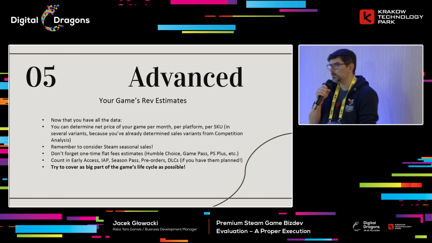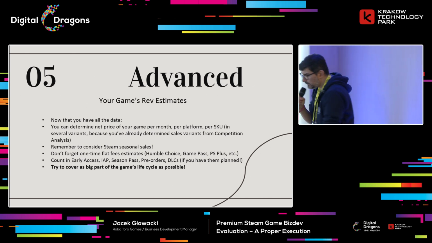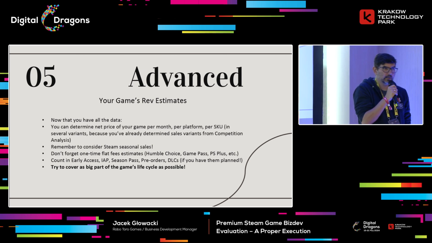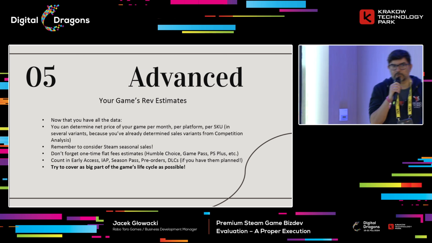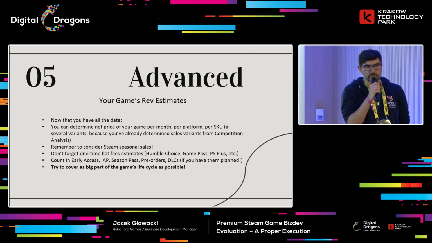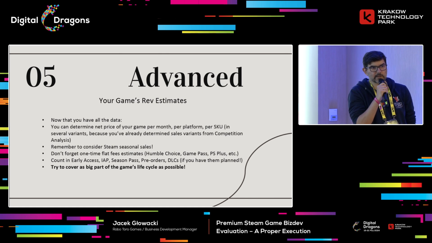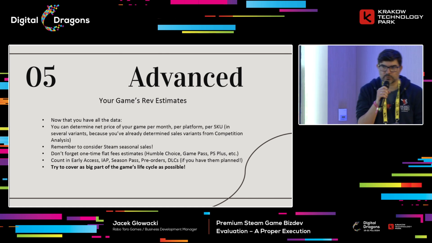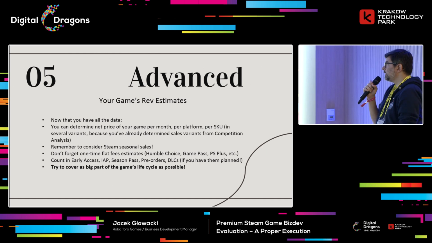Of course. We take under consideration all DLCs that we want to implement as separate SKUs. And we take this under consideration on every single platform. That's why this Excel is so big. That's why it takes quite some time to finish all this, but it's worth it.